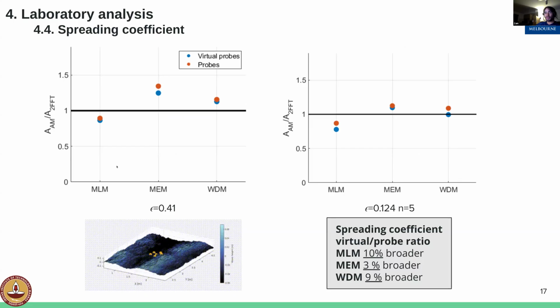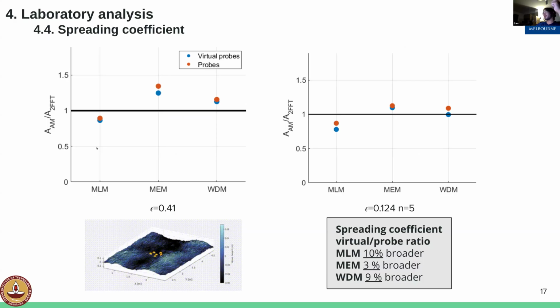On the left, we have the ratio of the spreading coefficient with the Fourier spectra for regular waves with steepness of 0.41, and on the right, for irregular waves with steepness of 0.124 and spreading of cosine to the power of 5. We can see the same tendency as before, MLM broader in both cases, MEM and WDM narrower.